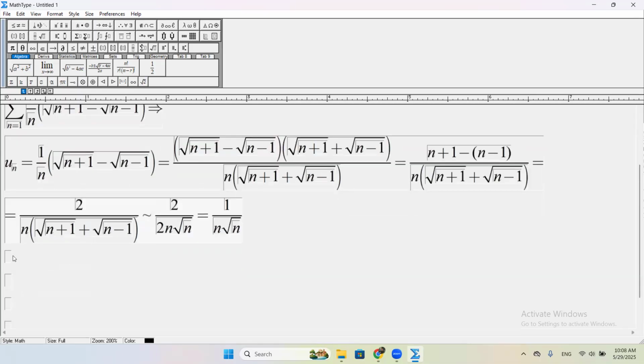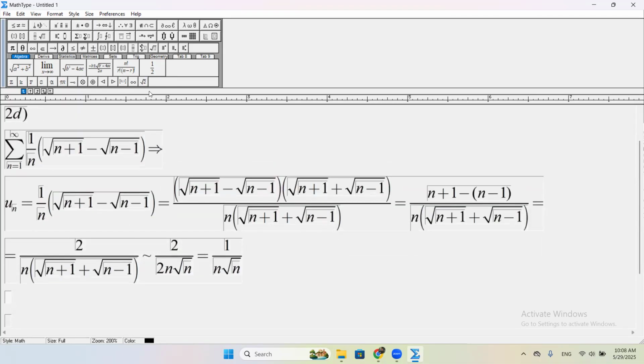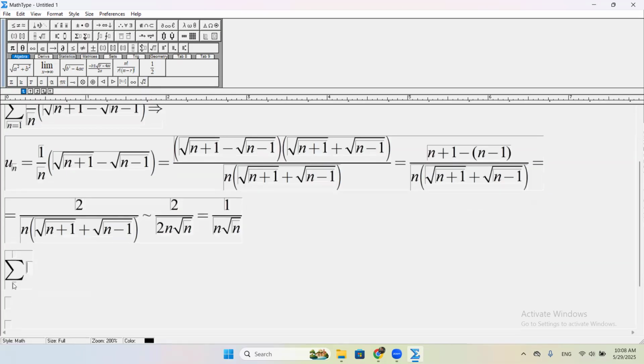So let's write down the generalized harmonic series, n equals 1 to infinity, and the following series. If we rewrite it, I will receive n in power of 3/2.